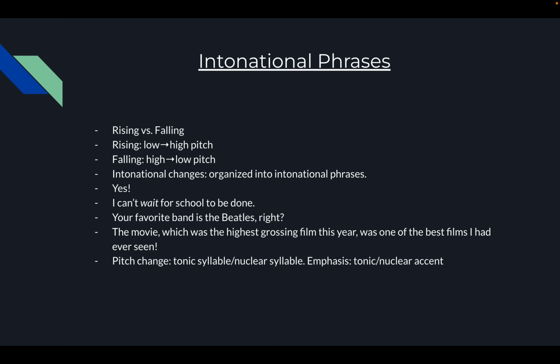It's most often at the end, but not always. This is due to the fact that within contrastive stress, that emphasis can be placed anywhere.